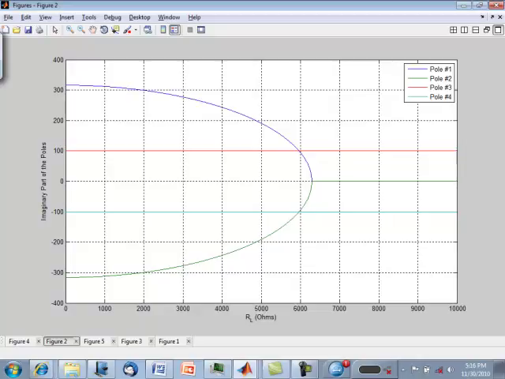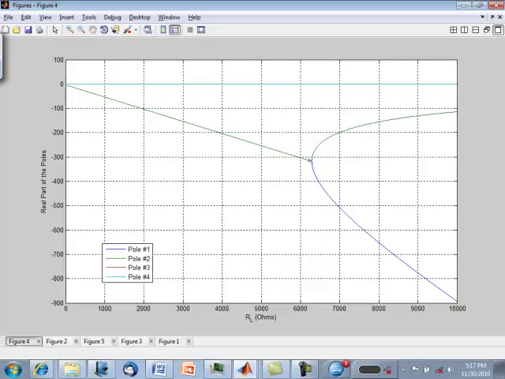We can interpret this in the sense that if RL is less than 6,000, then the time domain waveform will be made up of a cosine with frequency 100, and there'll be another cosine that has a frequency depending on the value of RL. For example, if the value of RL is 2000, then the frequency of the other cosine is 300 rads per second.